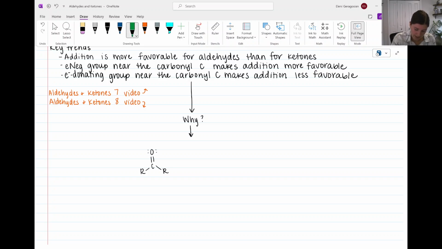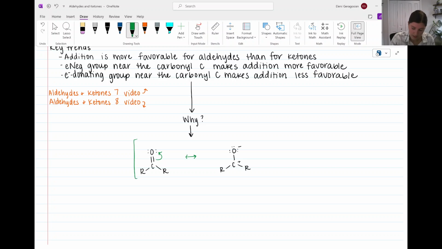So in our resonance, if we resonate pi bond electrons to oxygen, oxygen's more electronegative, so the electrons are closer to the oxygen. In the formal resonance structure, we have an open shell carbon now and a negatively charged oxygen.